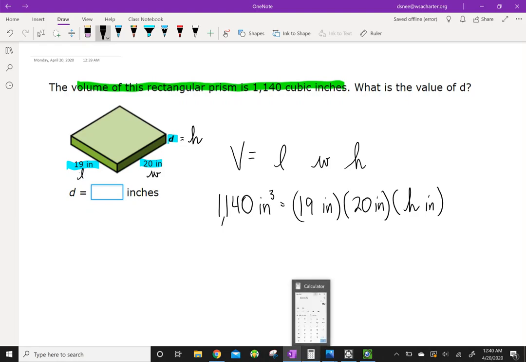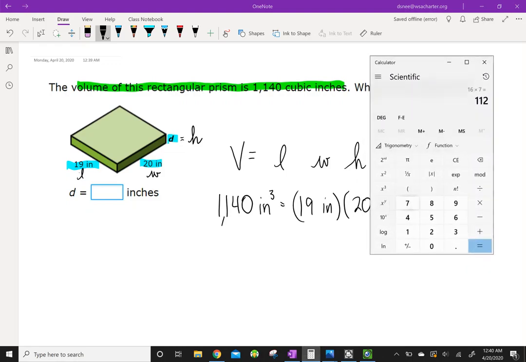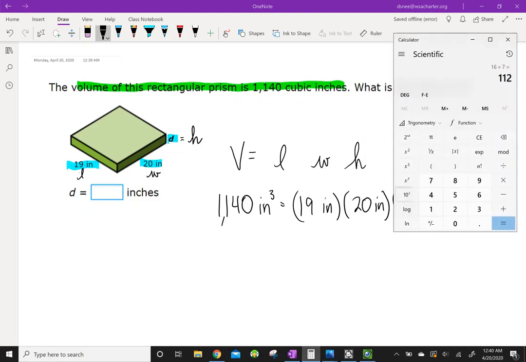I'm just gonna skip some steps here, but I'm gonna do it all together in the calculator. I'm just gonna do my division, 1,140 divided by 19 times 20, and I put that in parentheses, and that equals 3.